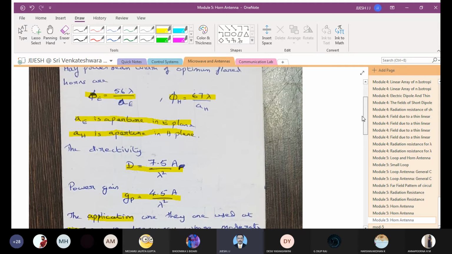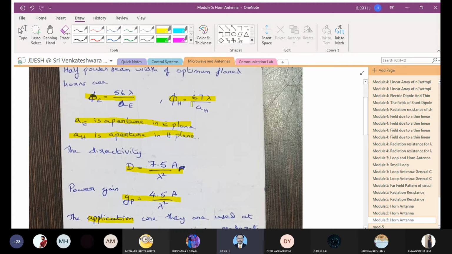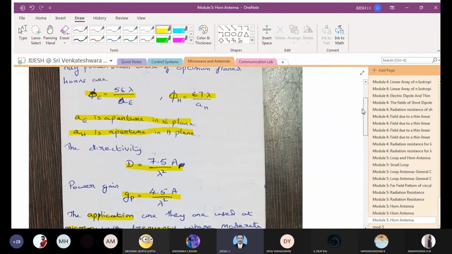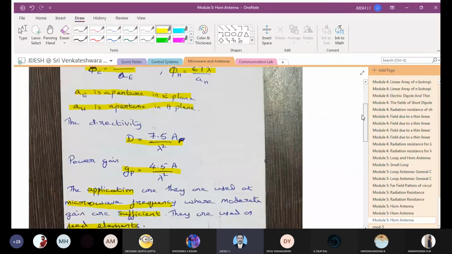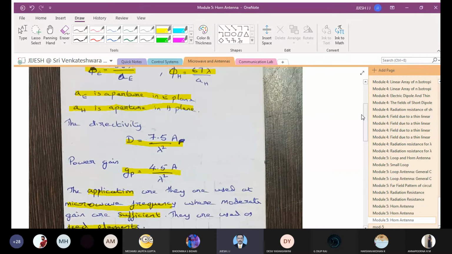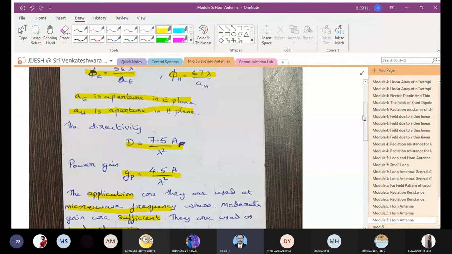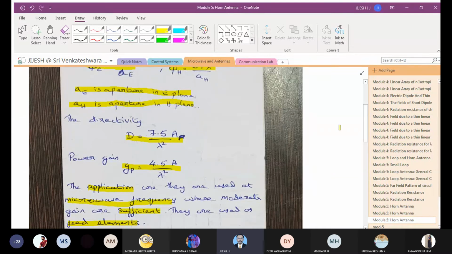You can just write down these equations as well, phi of E and phi of H. Is that over? Yes, sir. Okay, so that is all about horn antenna.